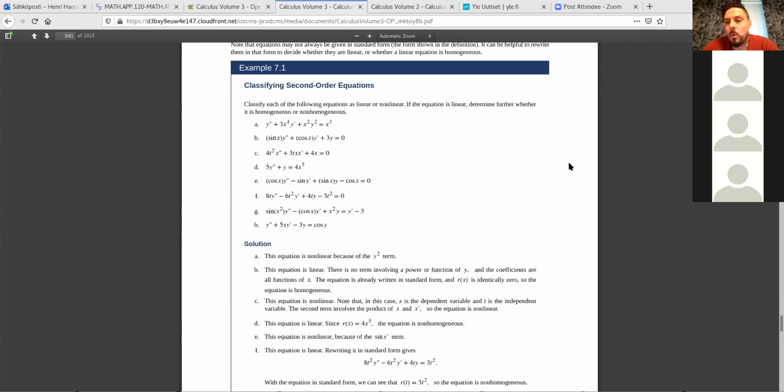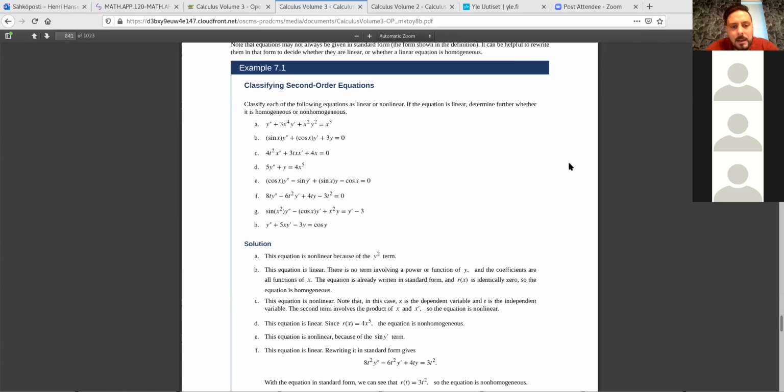If the unknown is y, then it might be x or t, but usually this is given. Because there are these primes on C, x is the unknown function, but it's not linear because there is x times x prime in that equation. D is linear. It's non-homogeneous because the right-hand side has this 4x to the 5.